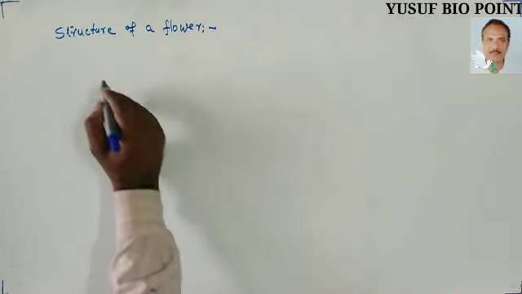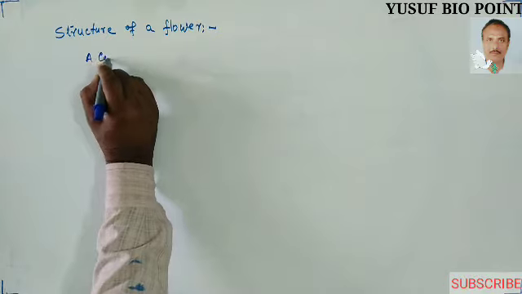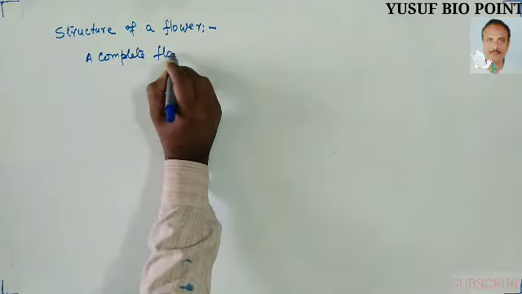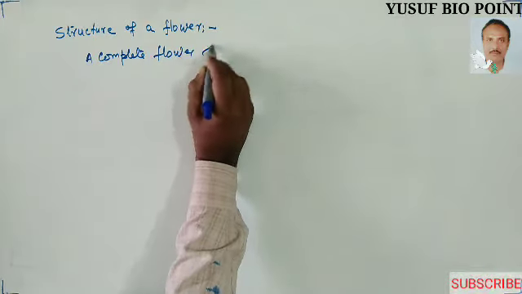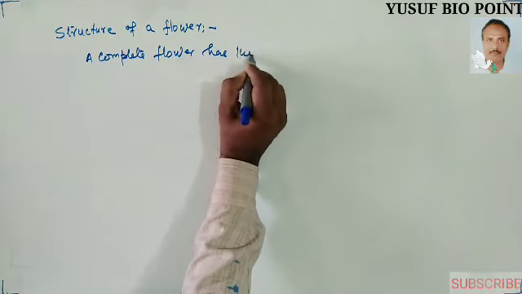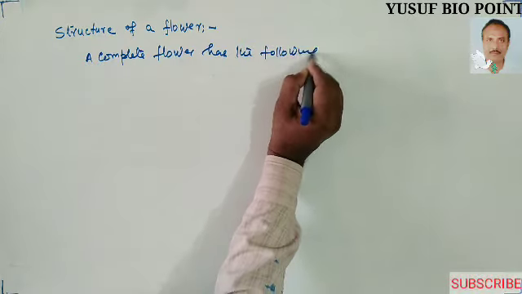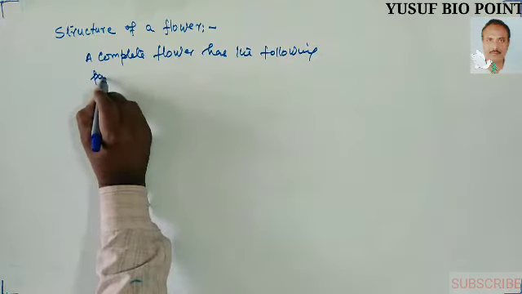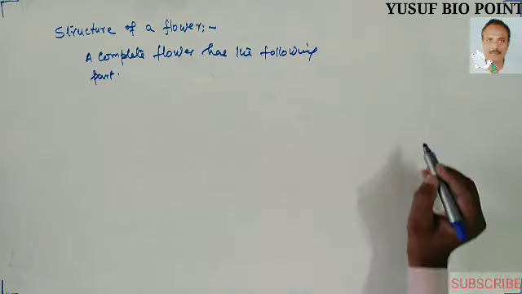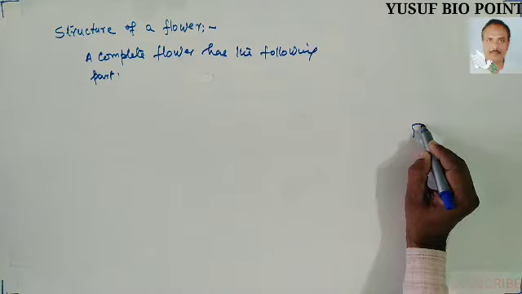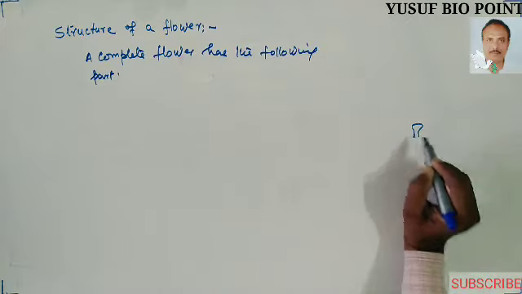Now the structure: a complete flower has the following parts. Well, this is a flower.